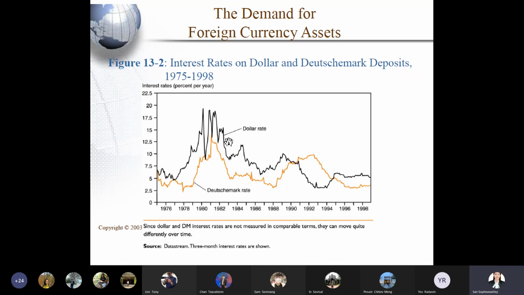It means the dollar pays a higher interest rate than the Dutch mark. But at some points you can see they can move quite differently over time because they are not measured in comparable terms. So sometimes they can move quite differently over time.